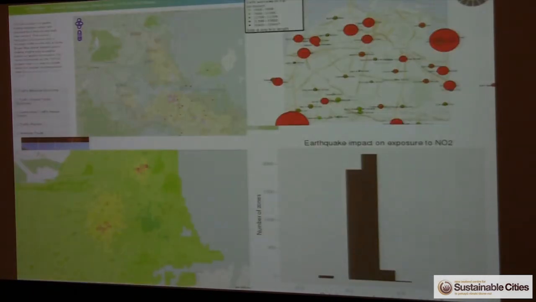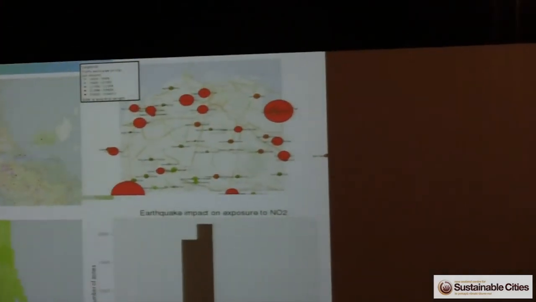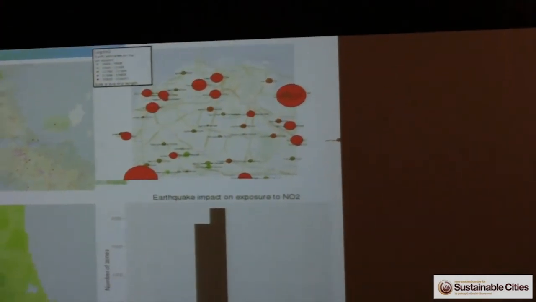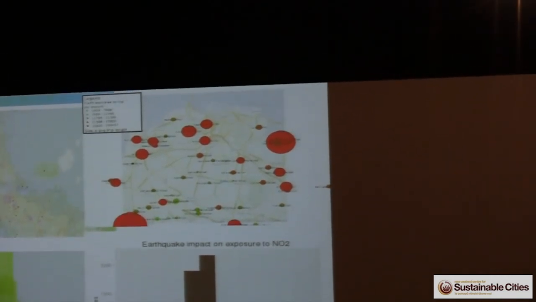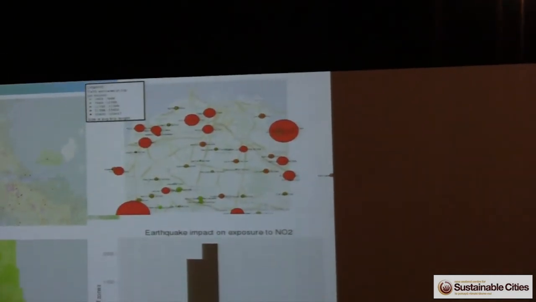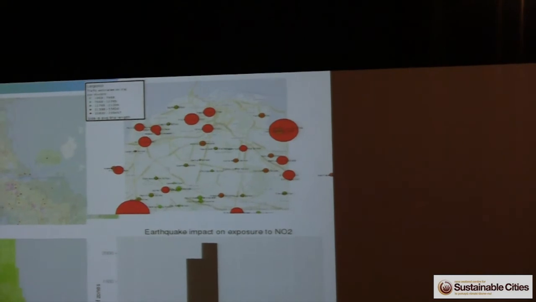Now we've used that, and it's actually available for anybody to have a look at. But the kinds of questions we've used it so far, if you focus on this upper right corner there, that's school travel patterns. That's a bunch of schools in Auckland where we have data from where people live and what they use to go to school.